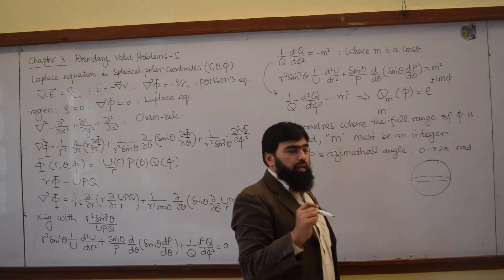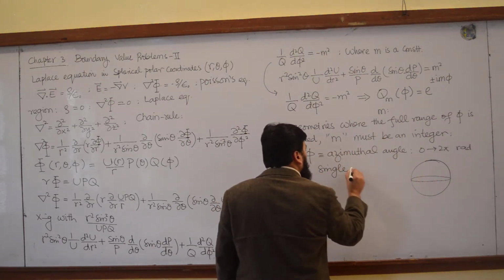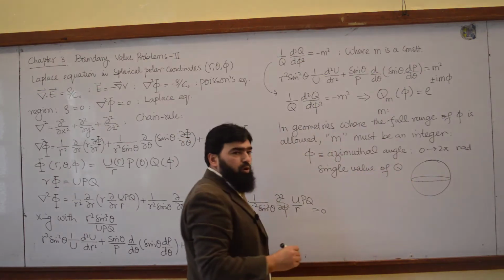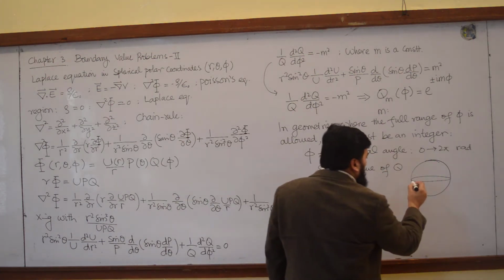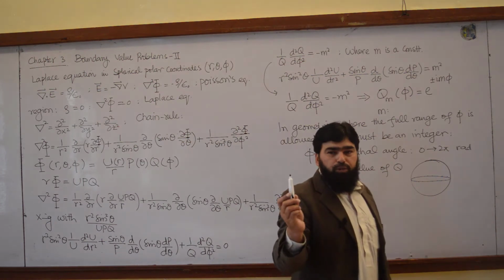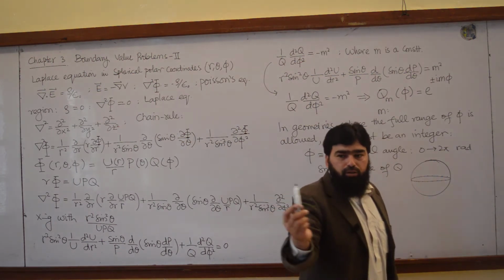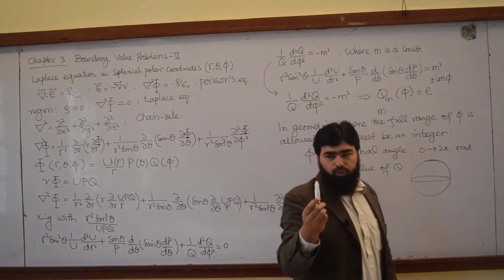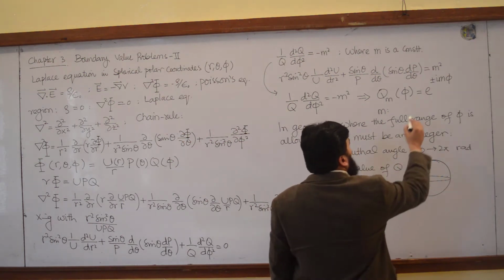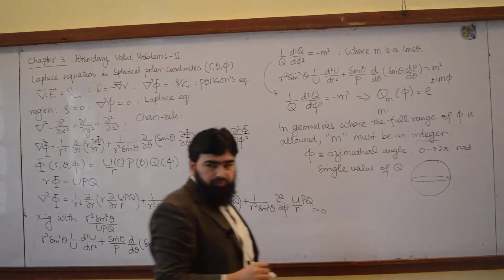If each circle has a single value of potential, a single value of Q, then for a given zenith angle all the phi will have the same value. To make Q single valued, m should be an integer.